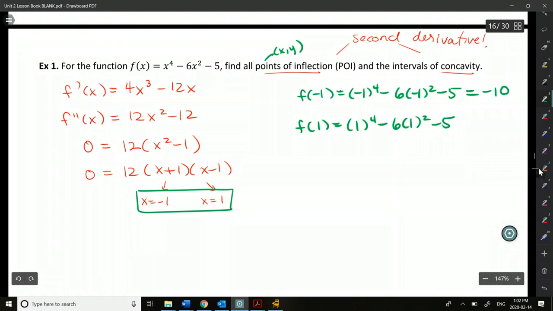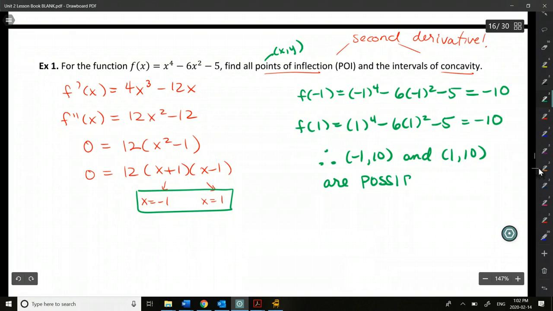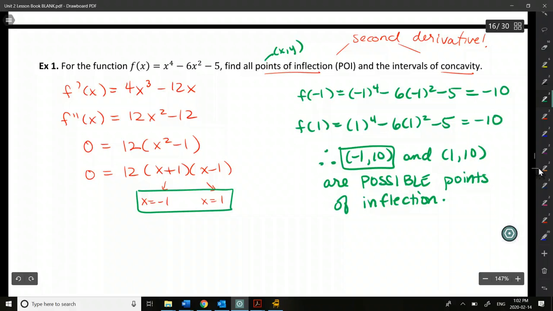So I think we get -10 for both of these. Okay, so -110 and 110 aren't necessarily points of inflection, they're possible points of inflection. And we have to do a little test with the second derivative to determine whether they actually are.